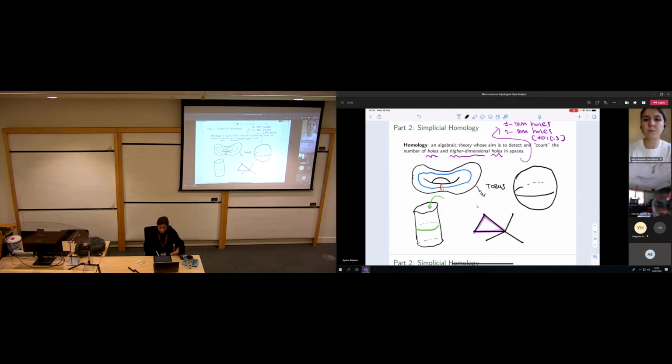Anyways, we want homology to be able to detect and recognize the intuitive idea that the torus should have two one-dimensional holes. One being the one defined by this curve here, so the hole of the donut, and the other being the hole defined by the fact that this is the surface of a donut.